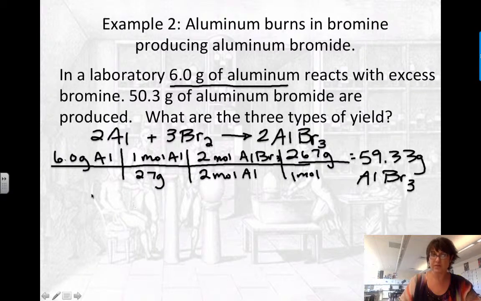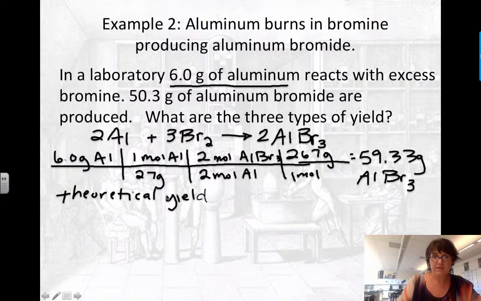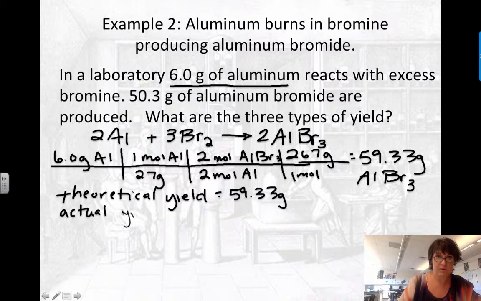This is what we should have made. So the theoretical yield is what we call the amount of stuff that we should have produced. That would be 59.33 grams, what we should have made in the lab. But in the lab, what was actually produced, the experimental yield, also known as actual yield, was 50.3 grams.